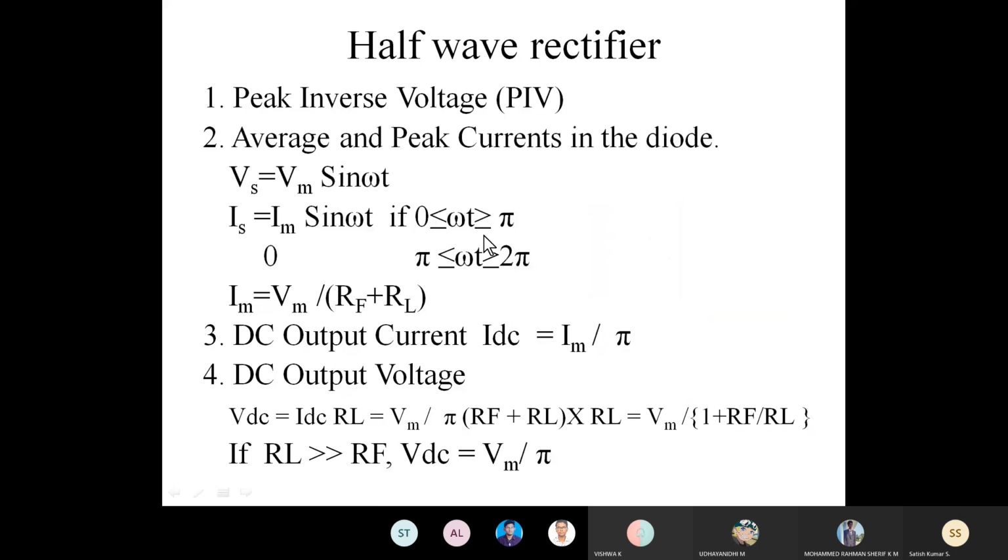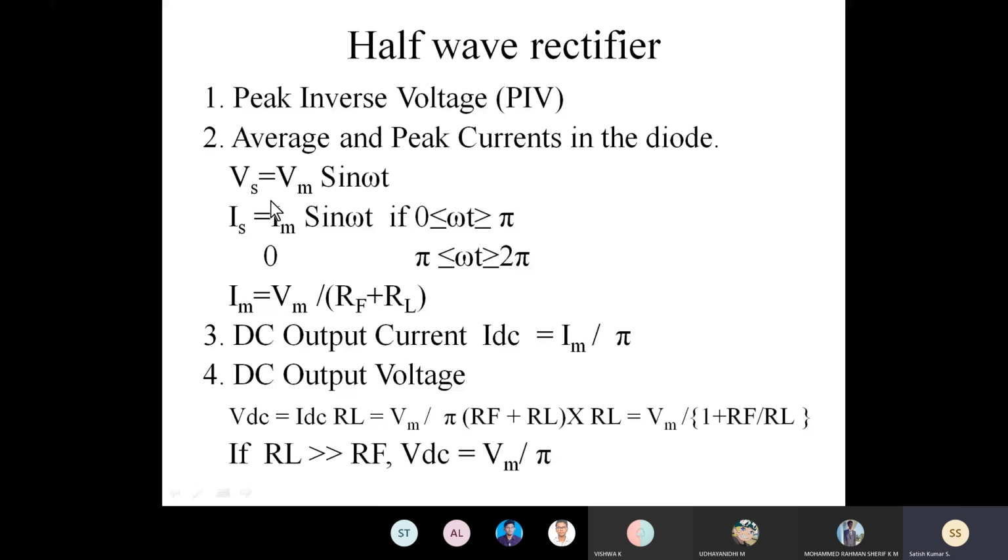So in this interval 0 to pi only, we will be getting the output from your rectification. In the second half cycle, pi to 2 pi, we won't get the current. There will be no current because the diode won't conduct. It will be in reverse bias condition. So only the positive half gives the output, and the current we are getting only in that positive interval.